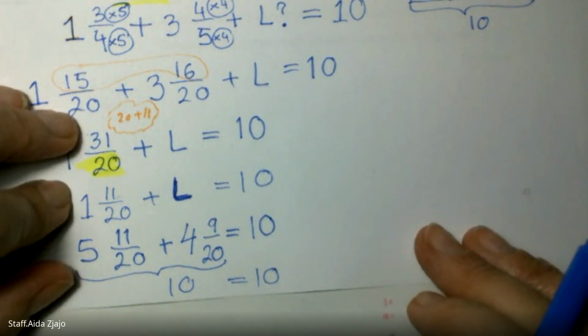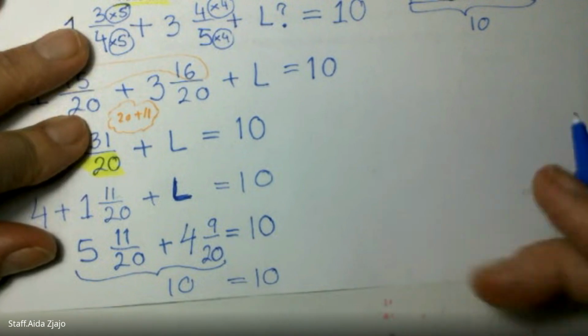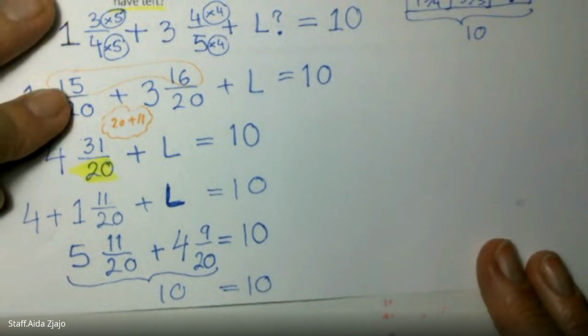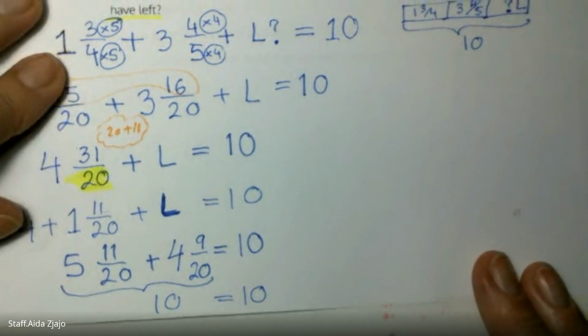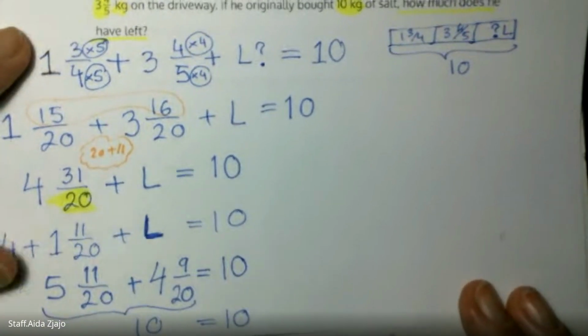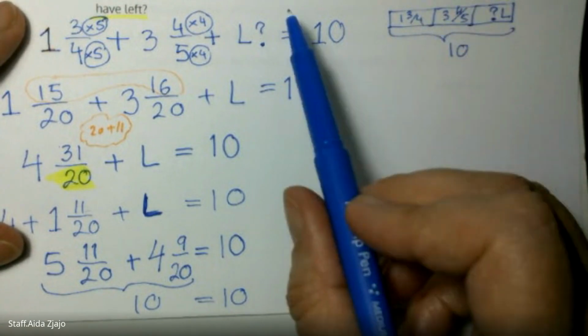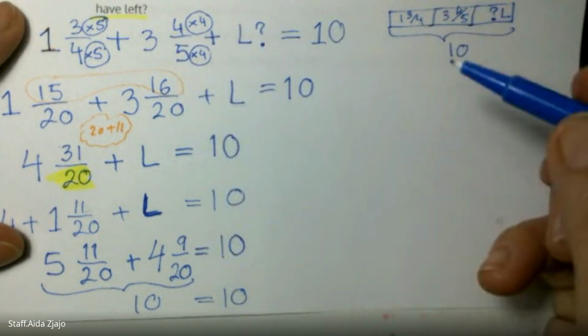So we found the leftover. Another way is to subtract 10 minus 5 and 11/20. So that's another way to do it. So how much does he have left?